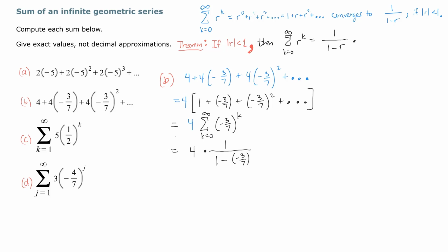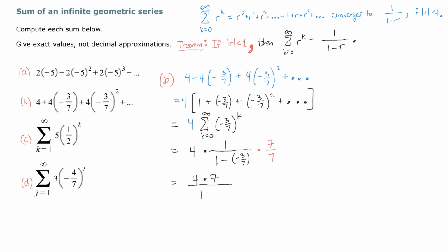We could certainly simplify this. I'm going to multiply by 7 over 7. Let's see what we get. We get 4 times 7 in the numerator, all over 7 plus 3. Gorgeous.